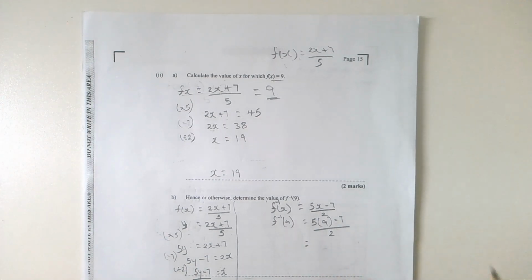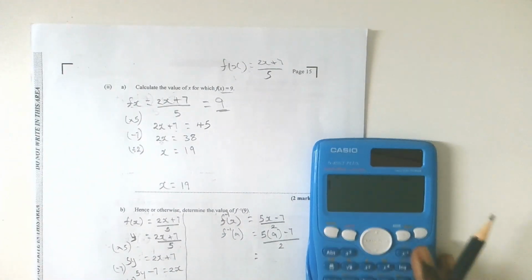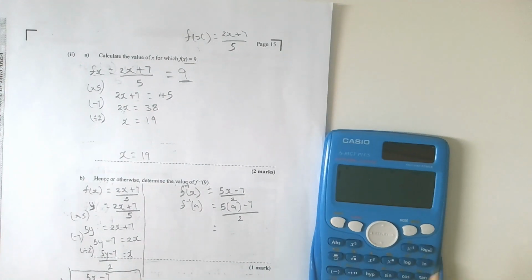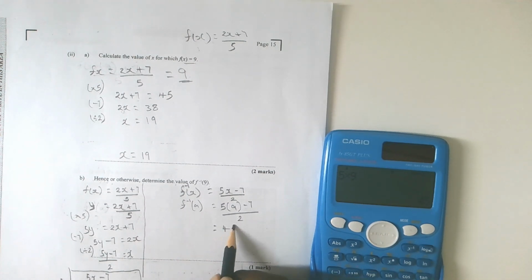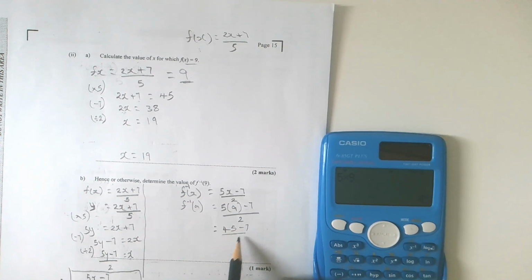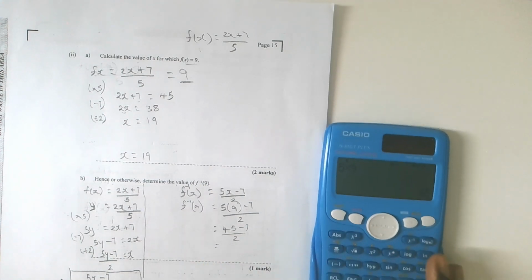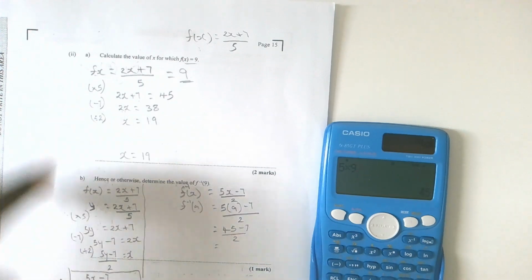Simplifying this, we can multiply 5 times 9 using our calculators. You can multiply 5 by 9, which would give us 45, minus 7 divided by 2. So 45 minus 7, as we know, we're literally working this again.